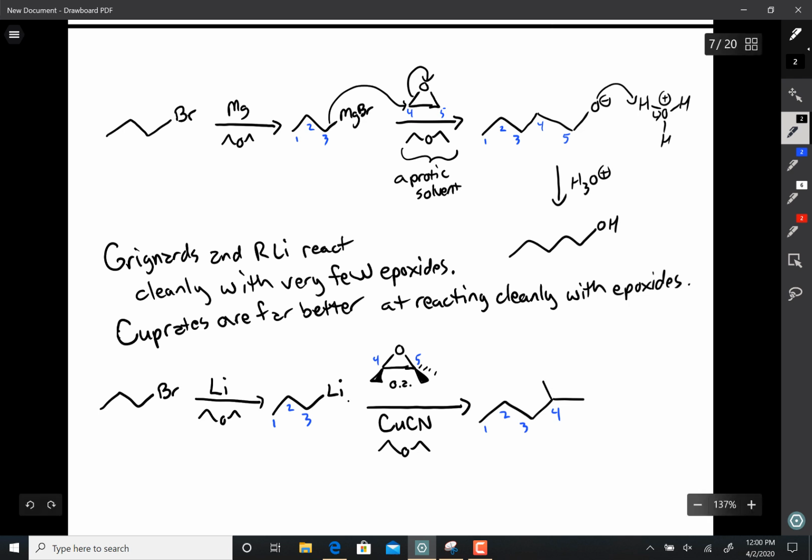And then that wedge is going to be up. And then carbon 5 is the one that's attached to the O minus. And then the 2 methyl groups. And this stays optically active.